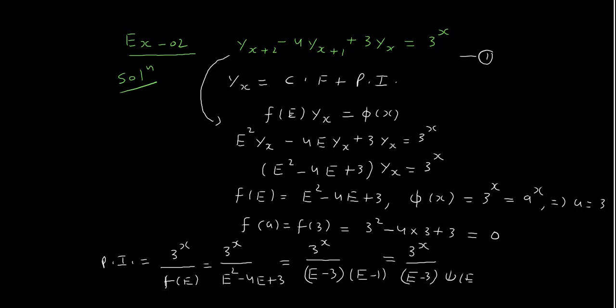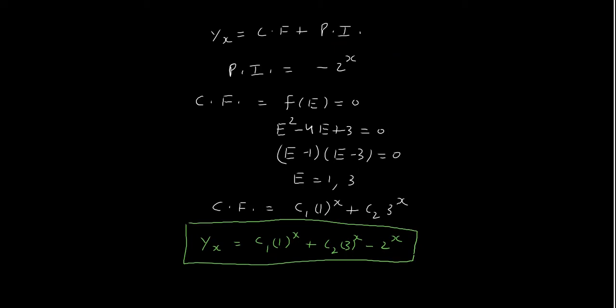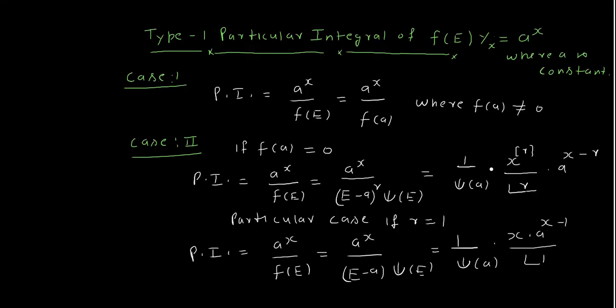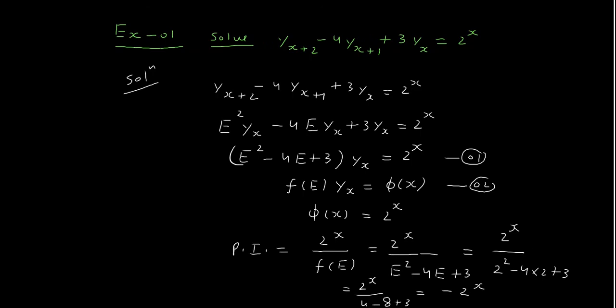So what is the solution? As we discussed earlier, if this is in the form a to the power x upon (E minus a) φ(E), then the solution is 1 upon φ(a) into x into a to the power x minus a, upon factorial 1.